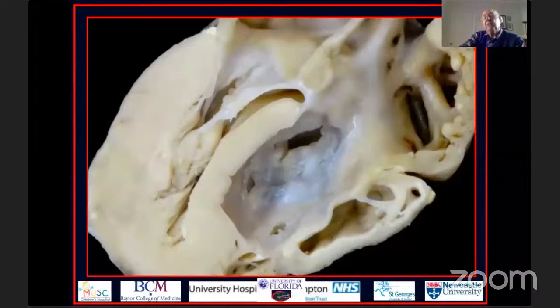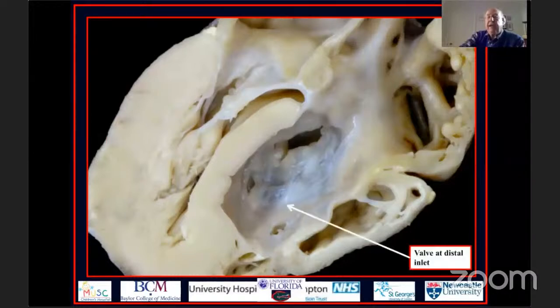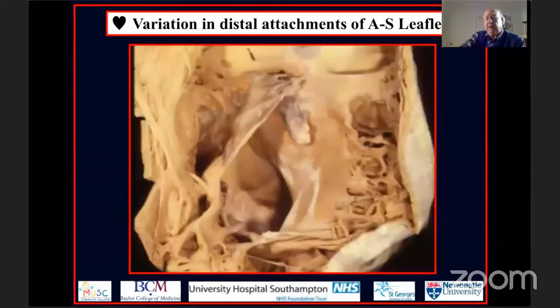And now in this heart, as in the one I showed you a moment ago, the leaflets have been rotated away, but they are forming a new orifice at the junction between the atrialized inlet and the functional right ventricle. And you see that the orifice is much narrowed compared to what we would find in the normal heart.